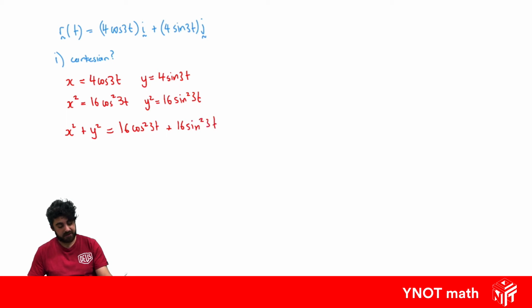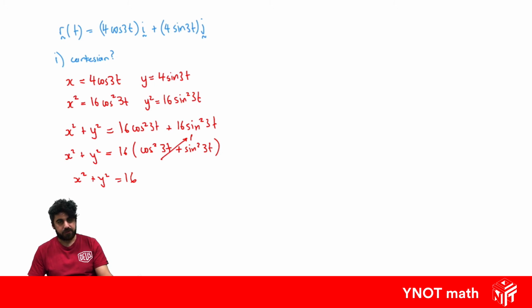Let's factorize out 16 on the right-hand side. x squared plus y squared equals 16 outside of cos squared 3t plus sine squared 3t. Now, cos squared plus sine squared of the same angle gives us 1. So all of this is just 1. And we end up with x squared plus y squared equals 16 as our Cartesian equation. And that's obviously a circle centered at 0, 0 with a radius of 4.